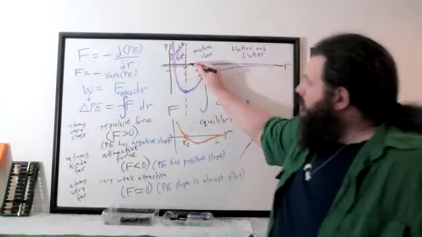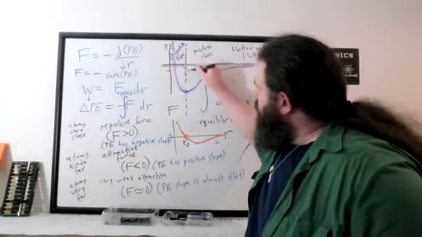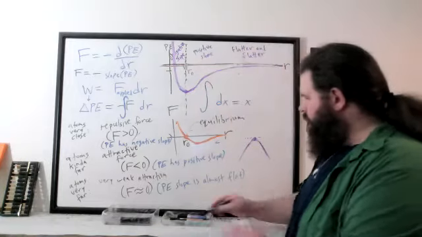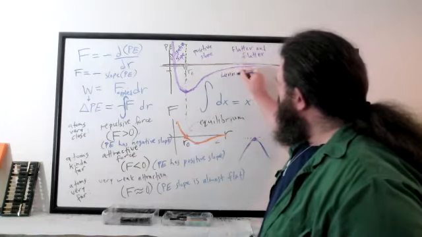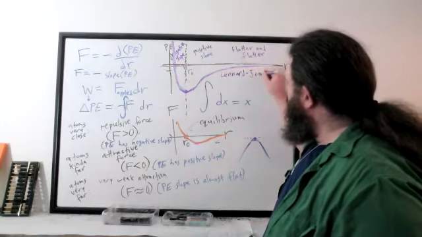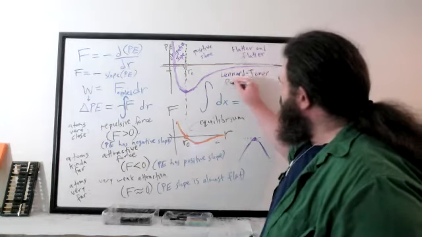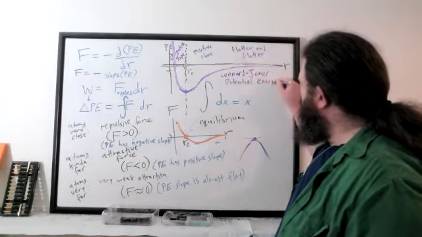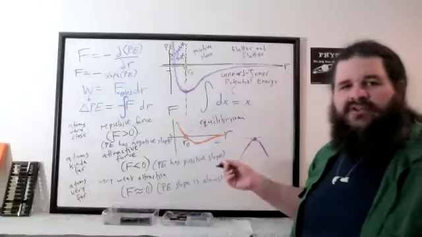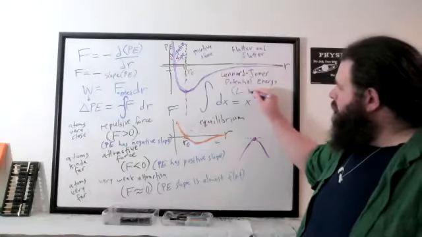So this is what we call the Lennard-Jones potential energy graph. Or for short, we often just abbreviate that as LJPE.